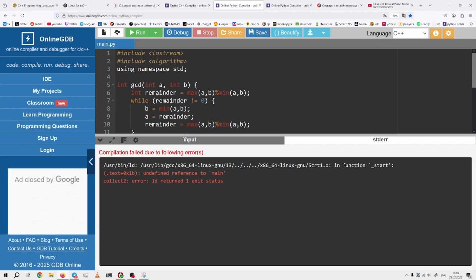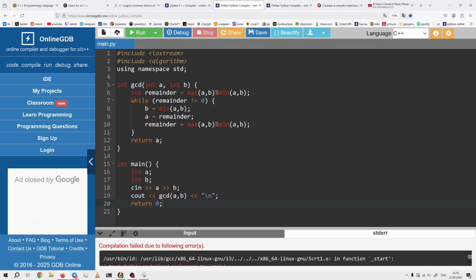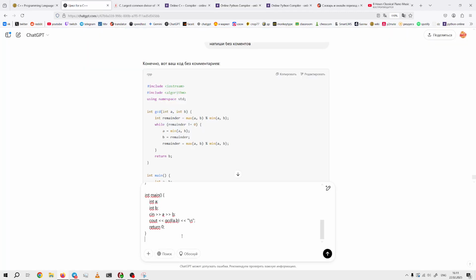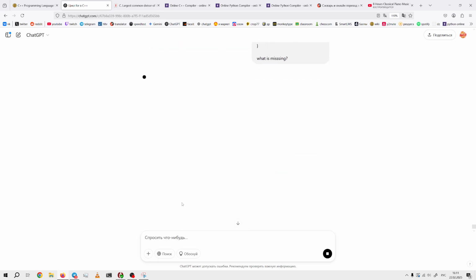Undefined reference to main. Using namespace std, int remainder, while b, main, remainder, return, main, int b, cin. Wait, what is actually wrong with my code? Let me put it there. What is missing, I guess? What's wrong?